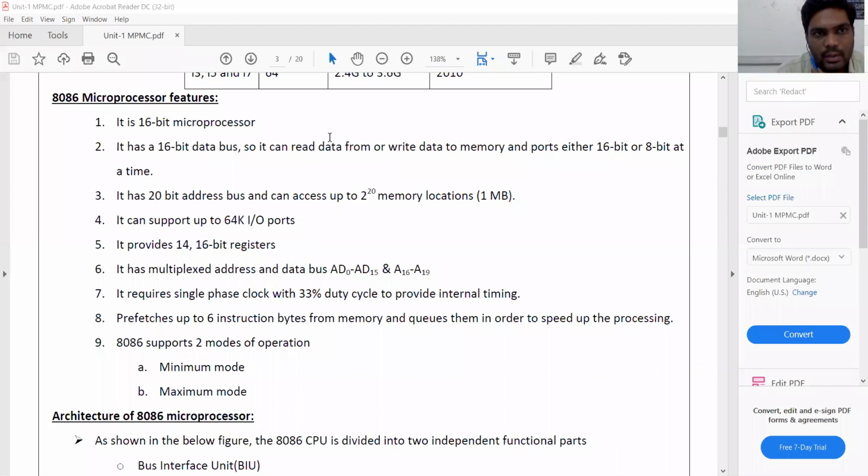The bit number specifies the number of bits of data that a microprocessor can handle. That means the 8086 microprocessor can handle data of size maximum 16 bits.